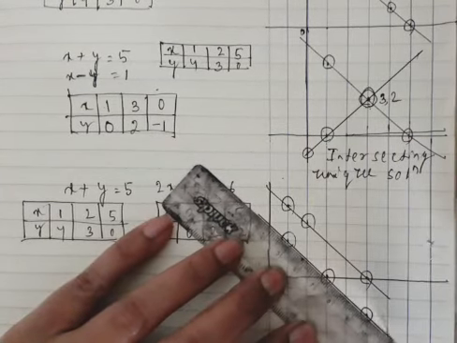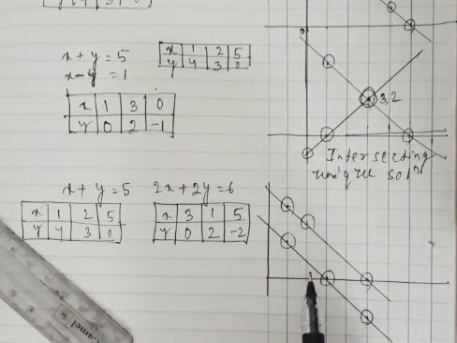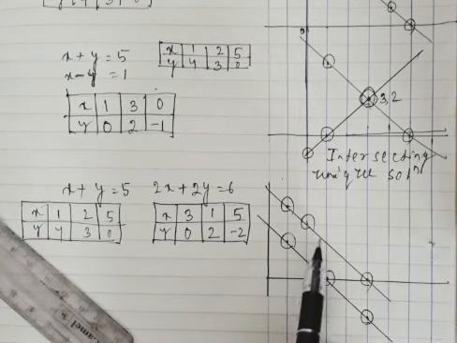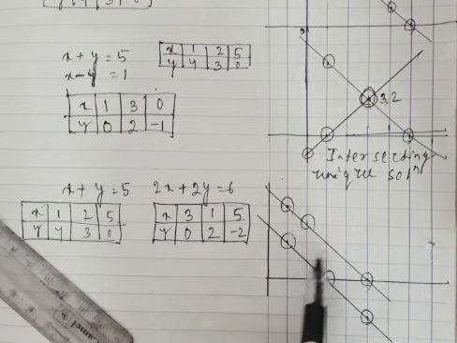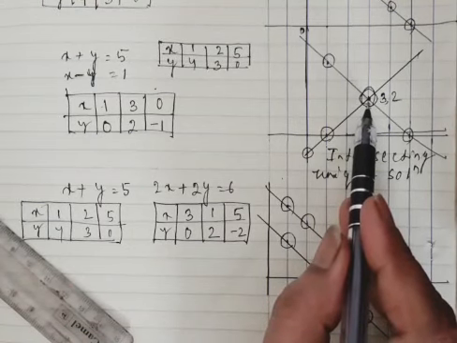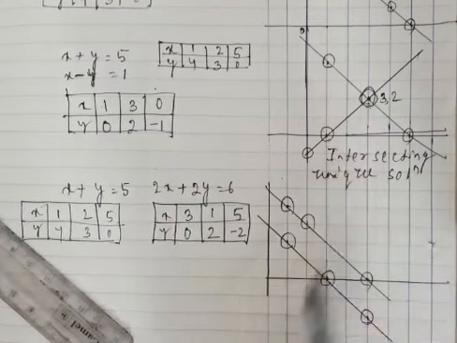Now you see here, both the lines are parallel to each other, or we can say they don't intersect, or we can say they do not have a point in common. In the earlier case they had a common point, that is the intersecting point of both the lines.